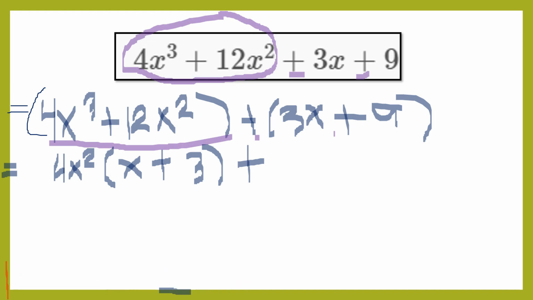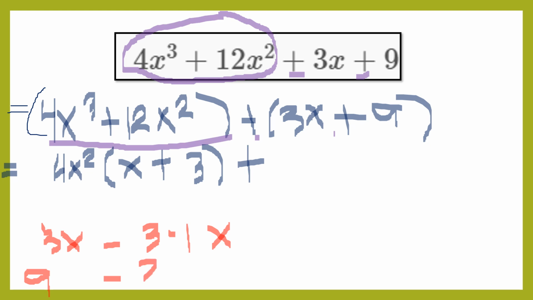Now, let's work for the second binomial. For the first term, we have 3x. The second term, we have 9. The greatest common factor of 3 and 9 is 3. 3 divided by 3 is 1, and then we have x.